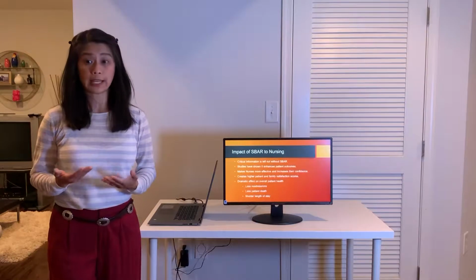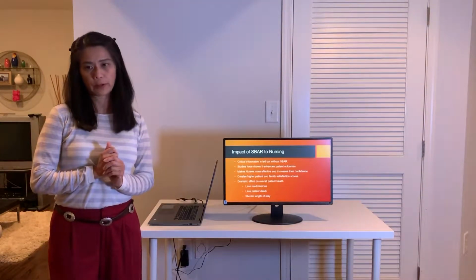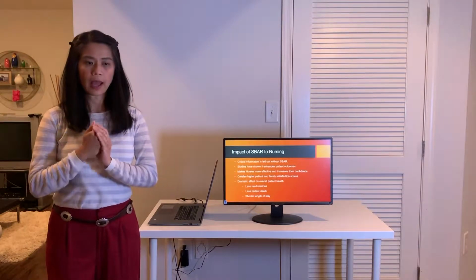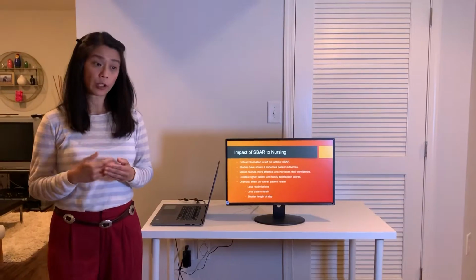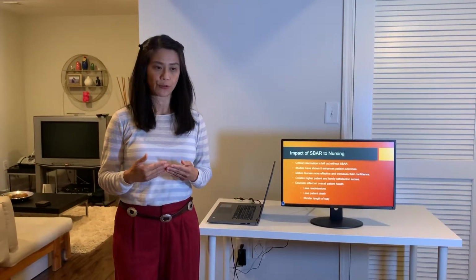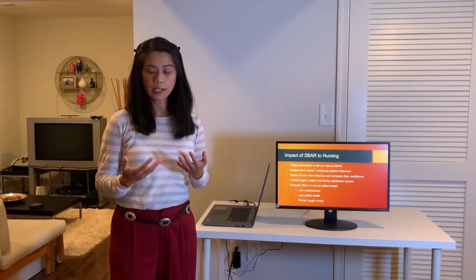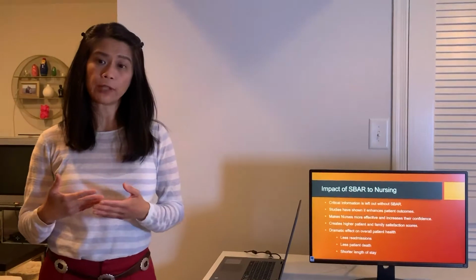So let me give you an example. In Belgium, at Antwerp University actually, they made a study with 425 nurses. These 425 nurses were surveyed by the hospital using the SBAR tool. And what they found out was that there was a decrease in the in-hospital mortality.